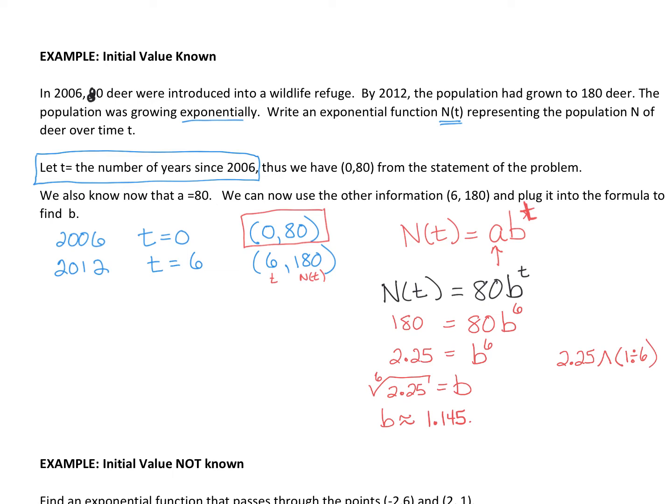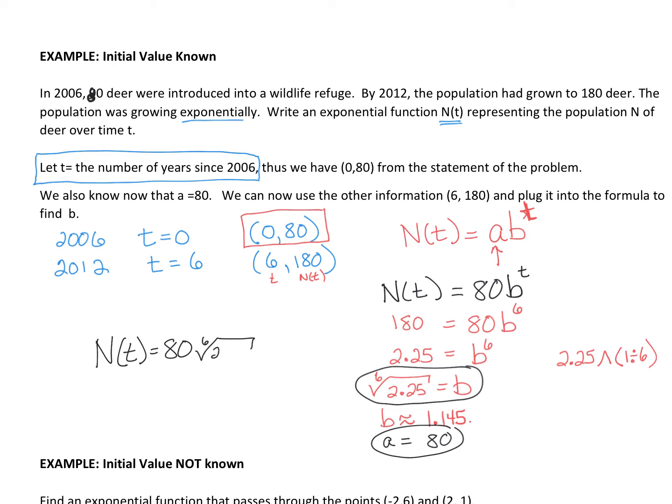So once I have my a value, which is 80, and my b value, I can plug those values in, and we will get the number of deer at time t is 80 times the sixth root of 2.25 to the t. I'm going to go ahead and use the exact value. If I wanted it approximate, then I could use 1.145 to the t.